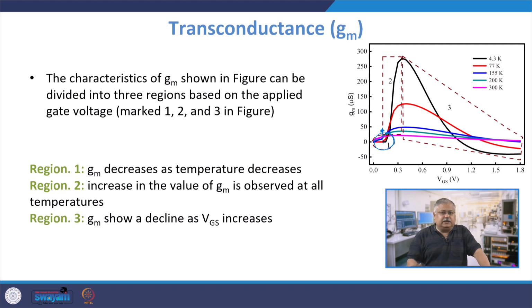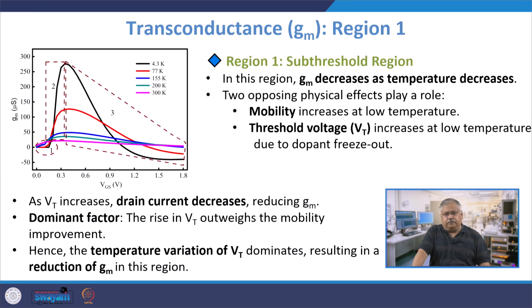Whereas in region 3, the GM shows a decline as VGS increases for all values, be it 4.2 or 300 Kelvin, but the decrement at 4.2 Kelvin is much larger as compared to 300 Kelvin or 200 Kelvin. So, the loss is much larger in region 3 as compared to region 1.